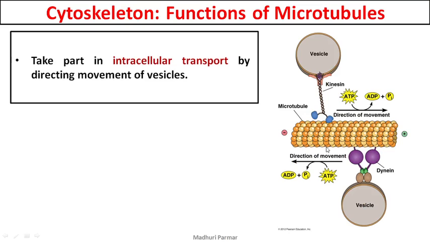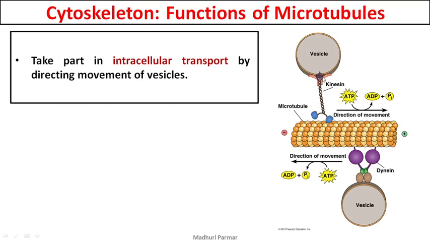So this is what is meant by intracellular transport. This is your microtubule. It will act like a highway. On this, remember that guy who had two shoes and was moving around with the vesicle? Same thing, this guy will use this microtubule like a highway, and it will transport the vesicle wherever it is required. If there is need for exocytosis, this vesicle will be led towards the plasma membrane.